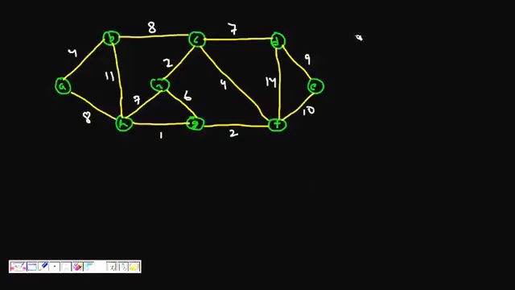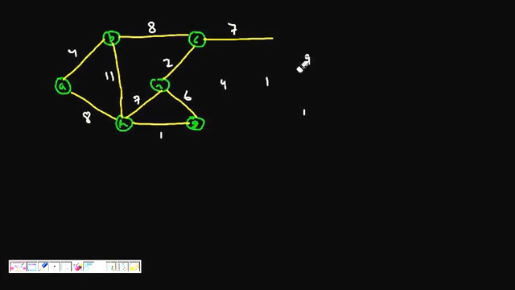We have so many edges here, so let's try a much simpler graph. We will remove some of the nodes, and let's say I just want this graph to find the minimum spanning tree.